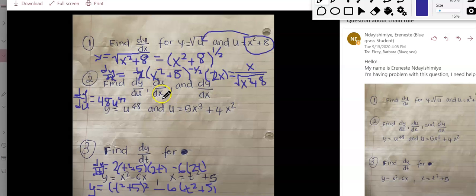And then du/dx, let's just do that one. You'll notice u and x, and I apologize that this looks so messy on here. It's going to be 15x squared and 8x.